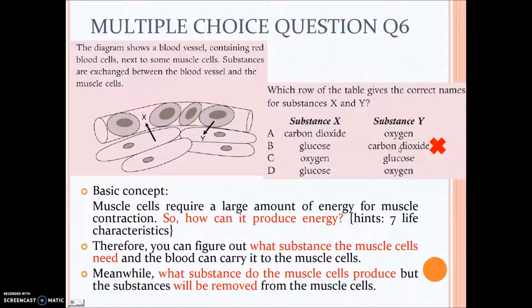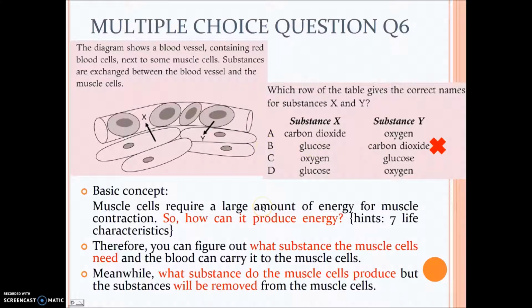It must be wrong because muscle cells will not take in carbon dioxide, because at least they are not plant cells. Why do they need to take in carbon dioxide? For photosynthesis? It must be wrong, right? So for options A, B, C, D, option B must be wrong.